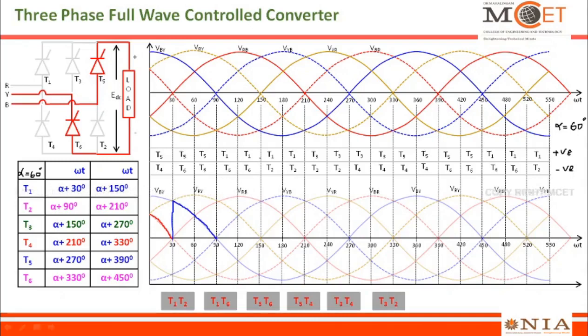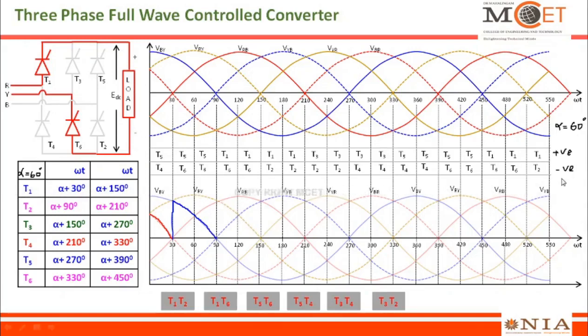Now in the next 60 degrees, T1 and T6 are conducting. So let us see what is happening when T1 and T6 are conducting by pressing this button. When T1 and T6 are conducting, VRY will be the voltage which appears across the load. VRY is this yellow dotted line.